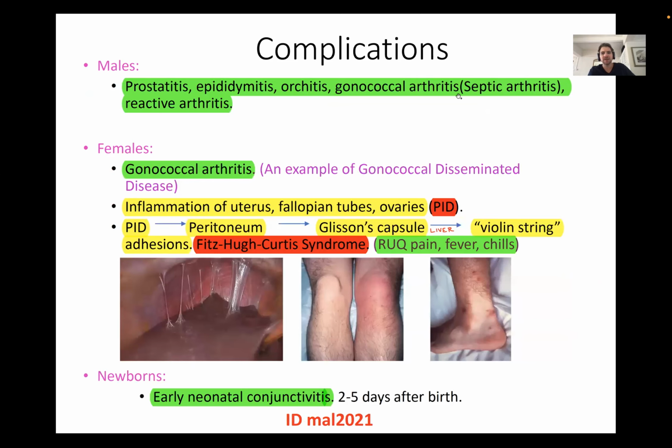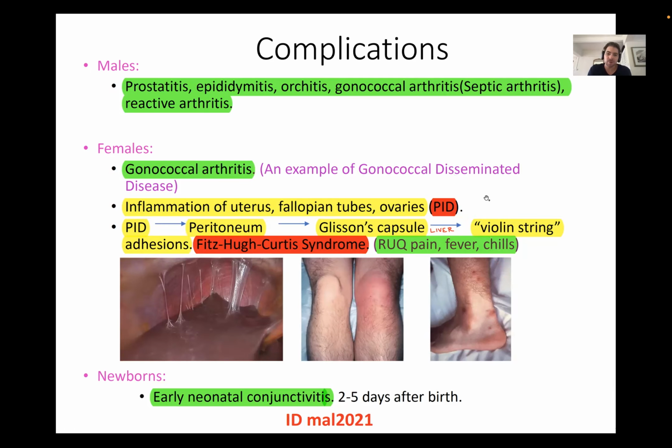All right, like we said, you can get the septic arthritis. It's usually unilateral knee pain. You could also get reactive arthritis. Remember, reactive arthritis is the can't see, can't eat, can't climb a tree: conjunctivitis, urethritis, and arthritis. Okay, so that can cause that.